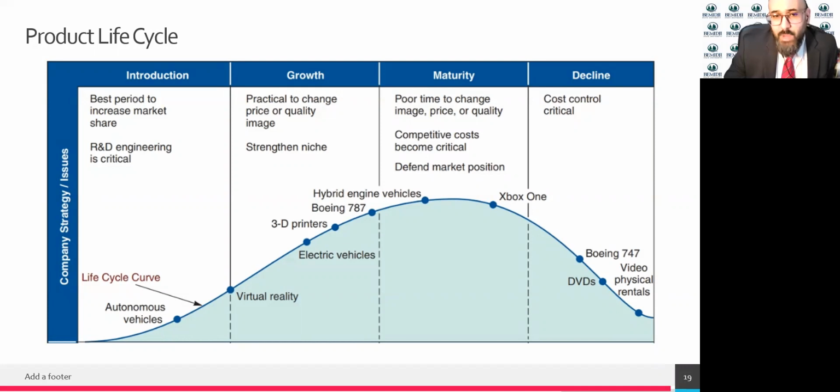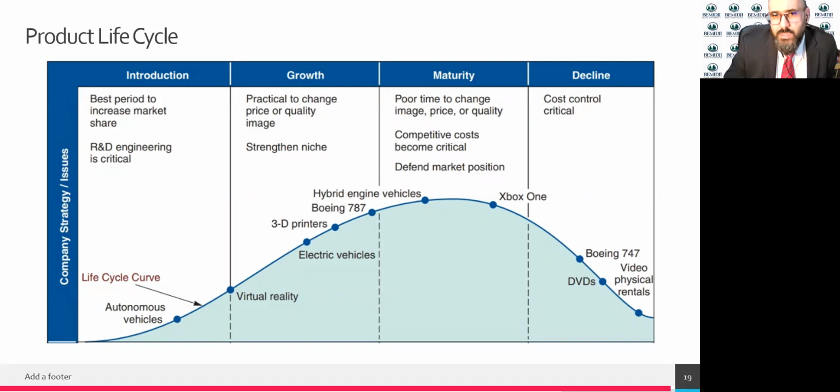Now they are aware of that product, so they're trying to do similar things like you. So you need to compete based on price and defend your market position. An example would be hybrid engine vehicles or the Xbox One. Now for the decline phase, you don't want to spend a lot of time and cost on that.